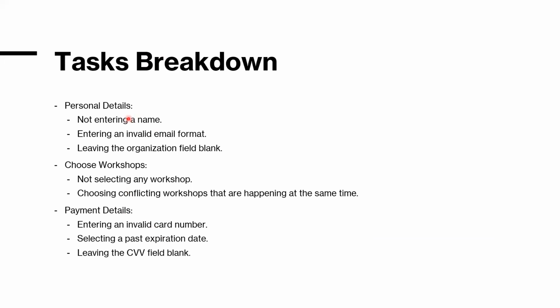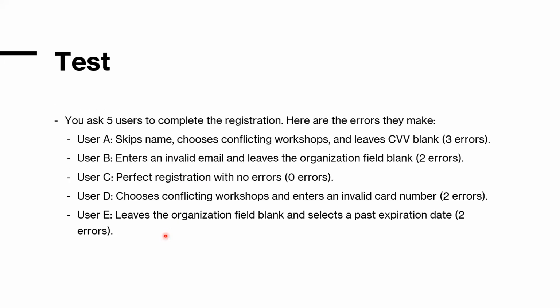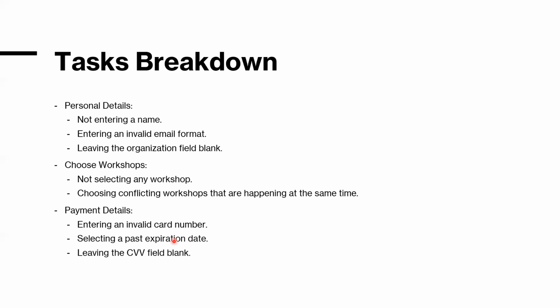When you break down the main task into subtasks, personal details have three possibilities of making errors, choose workshop two, payment details three. Considering all of these, there are eight possibilities.